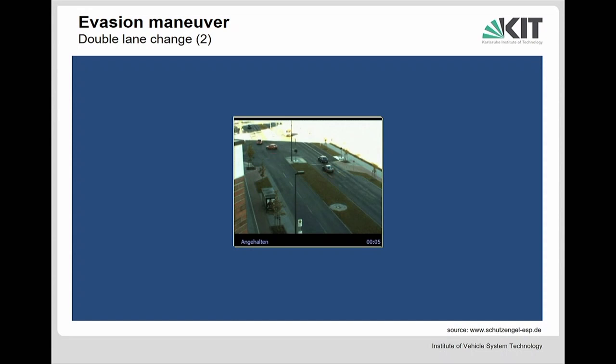Then you see he is recognizing that something happens. Now he stops a little bit late. So now this guy here has a hard work to do, because he was first steering right. Now he needs to steer left again in order not to hit the curbstone here. And as you can see, he managed that situation. Right? It's very narrow, but he did it. First he was going to the right, and then he's going back to the left. So he has already done a double lane change in a very short time. So it was super fast.